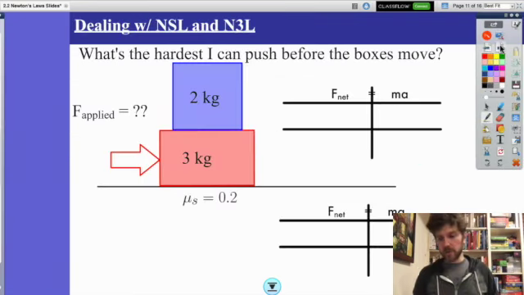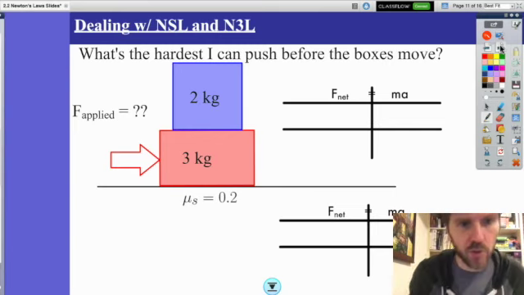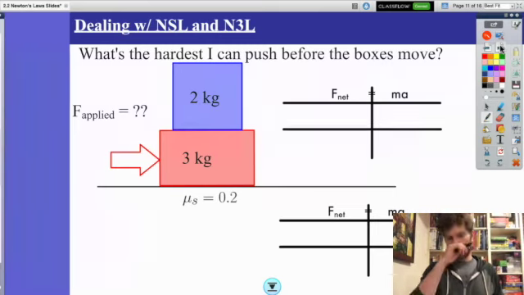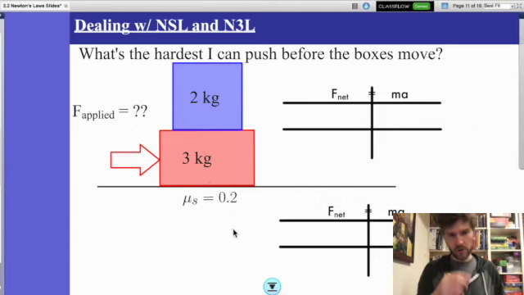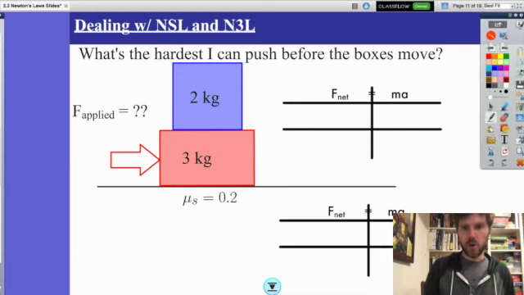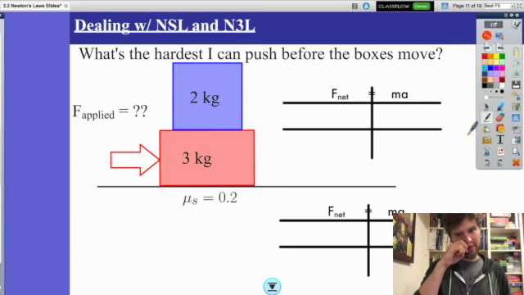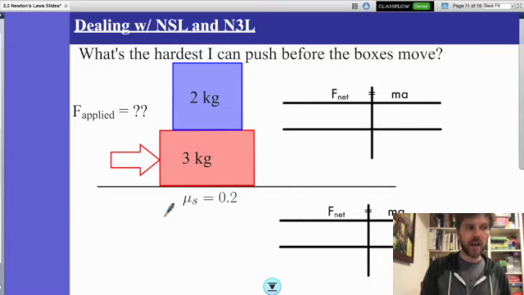So let's do a little bit of another worked example here. We've got the same two boxes, but I've stacked them. And now there is some friction with the floor, a mu-s of 0.2. And I want to know, how hard can I push before the boxes move? Well, again, let's start by drawing our free body diagrams. Now I'm going to sort of elide the AIDA table here, but let's look at our 3 kilogram box.